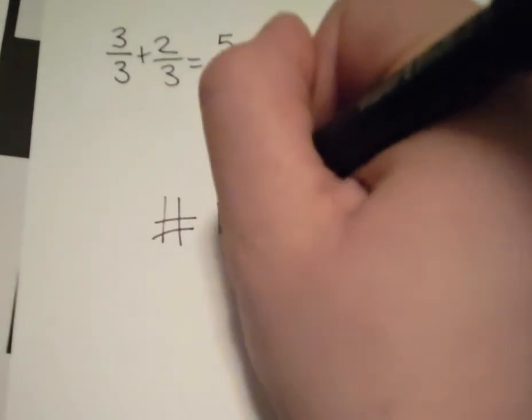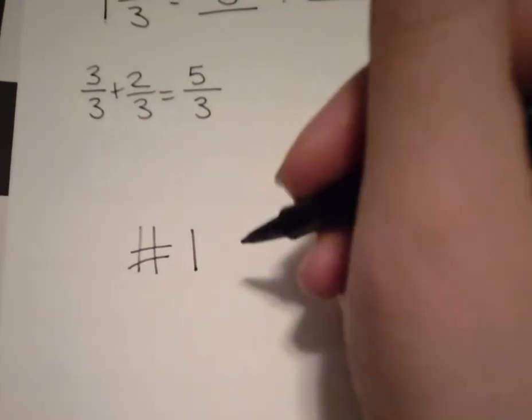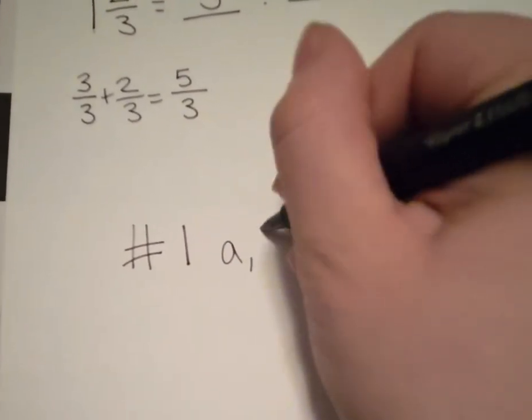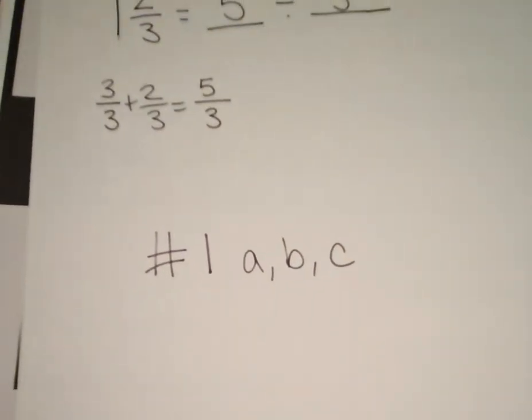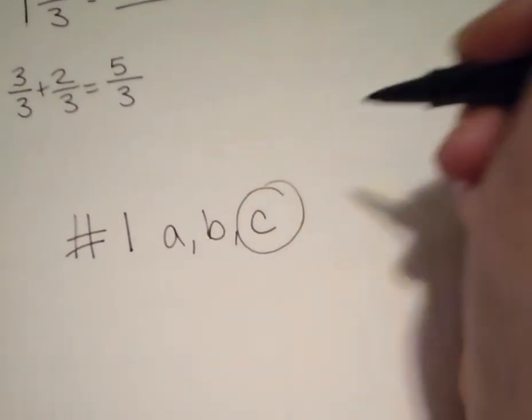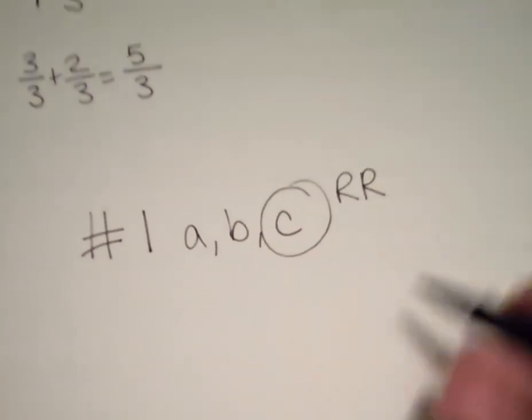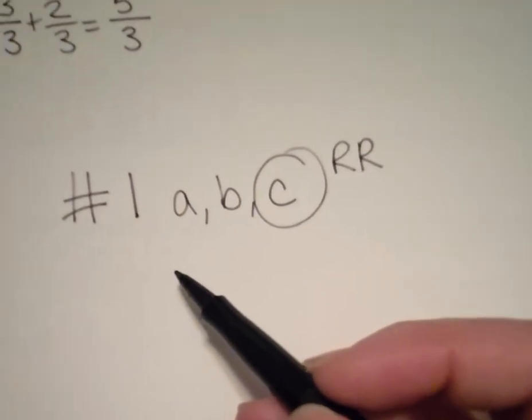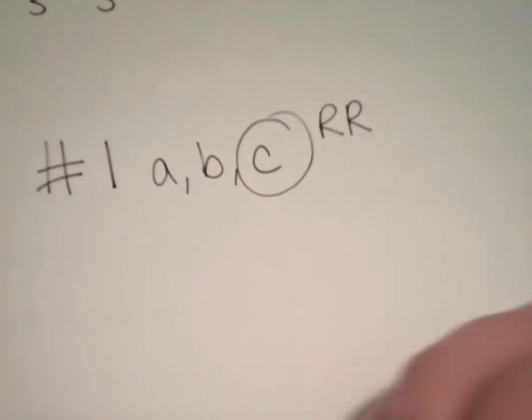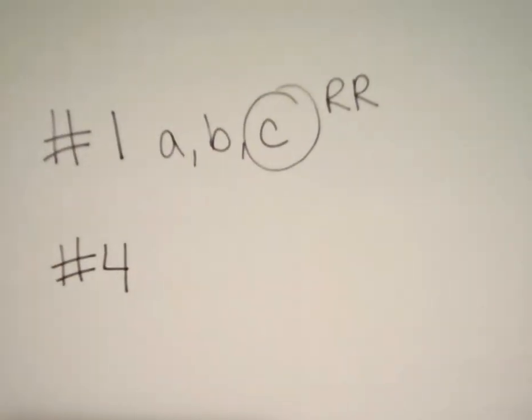Now, on the problem set, I want you guys to do numbers 1, and I think A, B, and C. C is going to be the random reporter. Then I want you to skip the second page for a minute. You're going to skip number 2 and number 3. And I want you guys to go to number 4 next on the problem set.